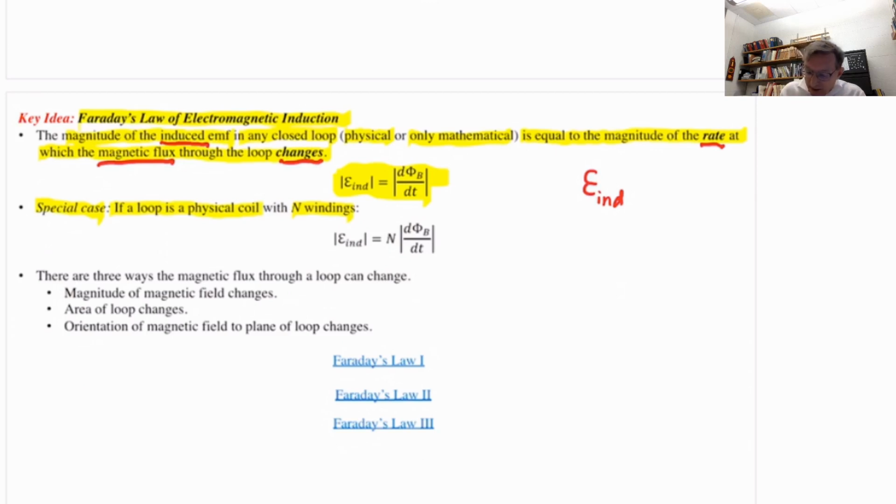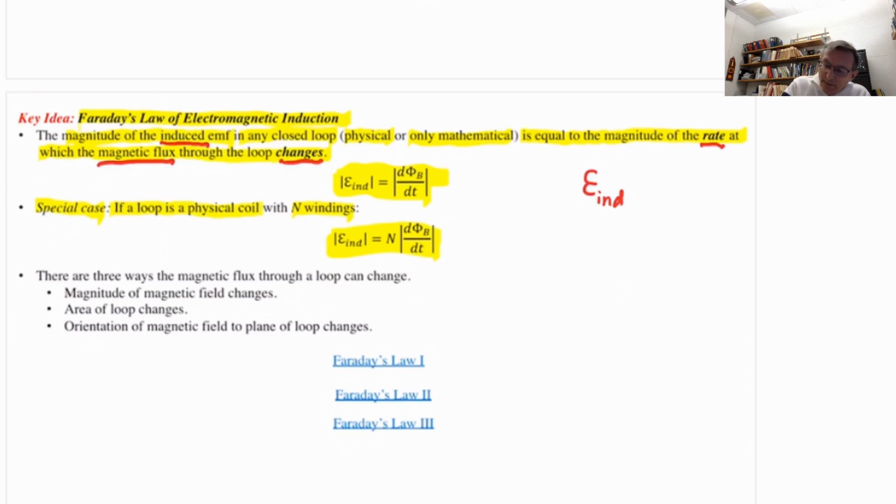So that to get the induced EMF in that case, you take d phi sub b dt, the rate of change of the magnetic flux through any one winding, and you multiply by N, the number of windings. And so if you'd like to get a big induced EMF, then take actual conducting wire and wrap it around a frame multiple times, and then change the magnetic flux through the windings.